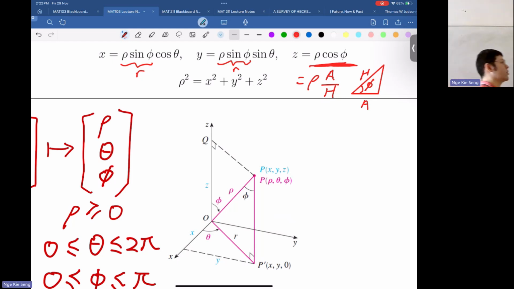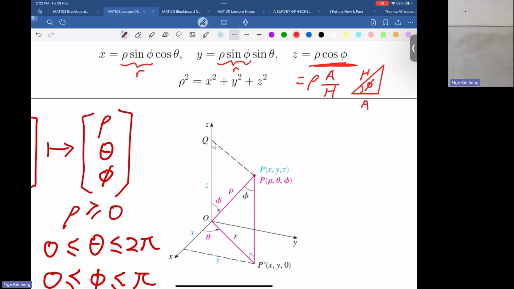So where's the right angle triangle in this case? Just now I told you that phi is an angle coming from the positive z-axis. So you should form a right angle triangle here, going from the z-axis to this particular point. And then what is z? Z is adjacent over hypotenuse.